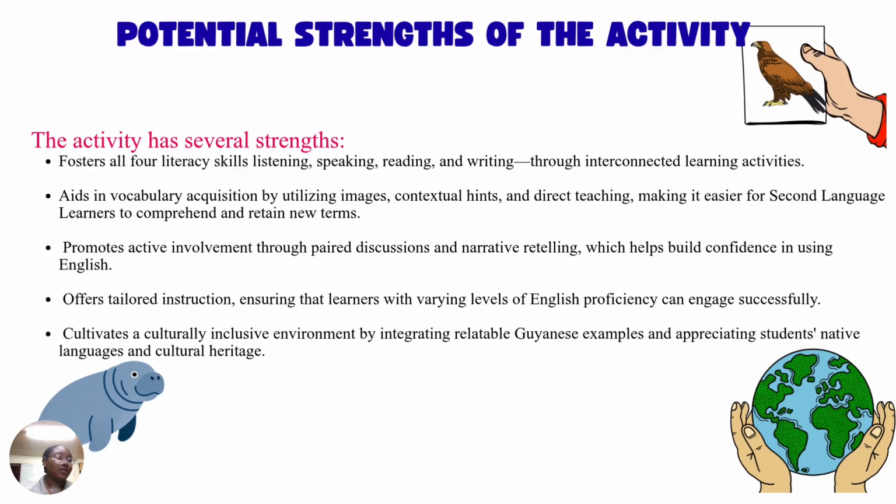The use of visual supports cushions the input hypothesis by making language comprehensible, while collaborative learning reflects Vygotsky's social constructivist theory by encouraging learners to build understanding through interaction with their peers. The lesson also connects learning to students' cultural experiences, making literacy more meaningful and engaging.